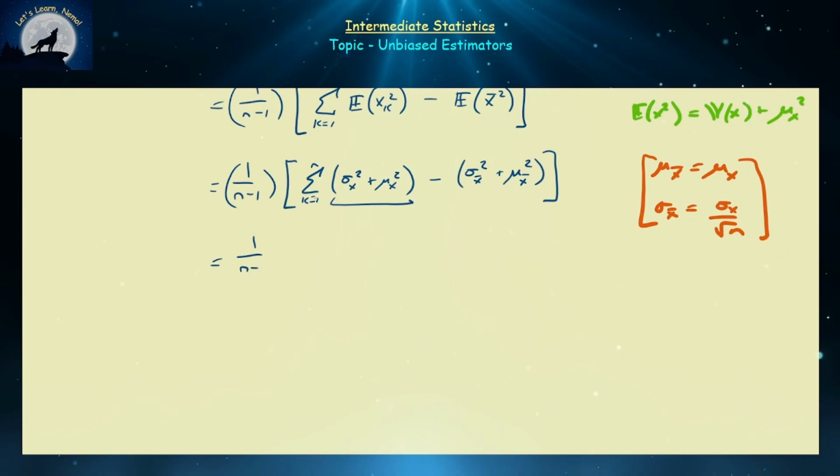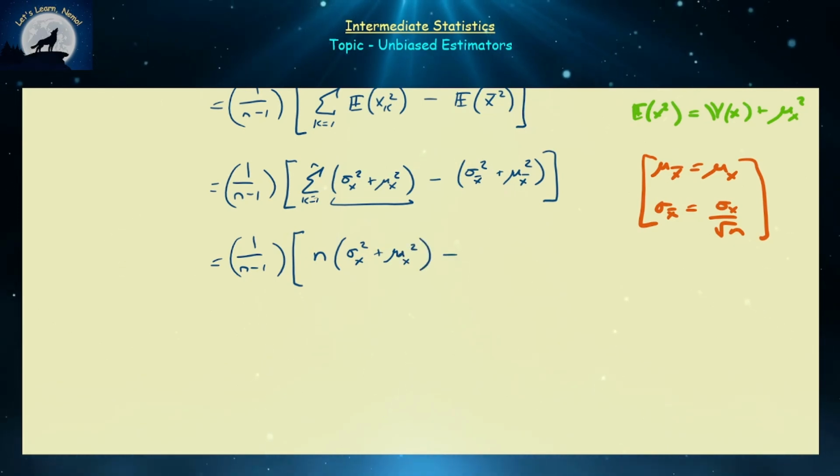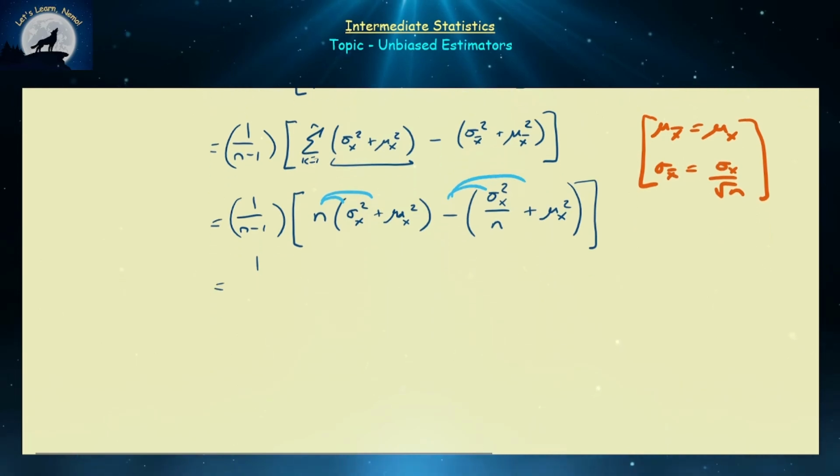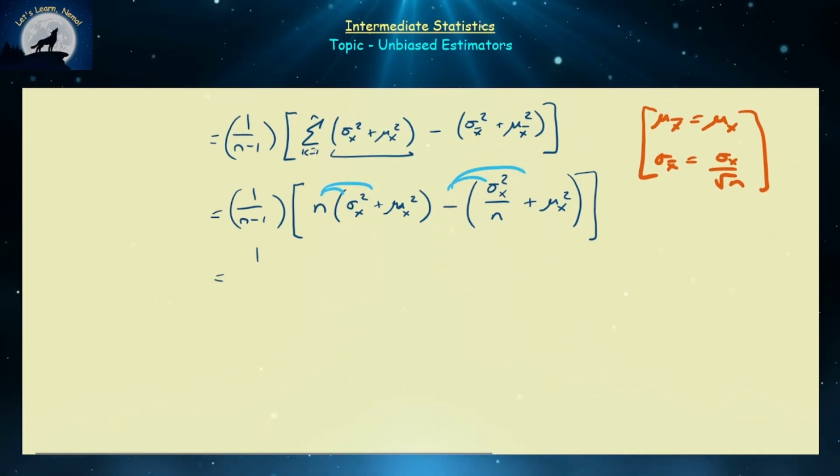So we're going to have 1 over n minus 1 times n times sigma x squared plus mu x squared. And then over here we're going to have minus n times sigma x squared all over n plus mu x squared. From here we can distribute our n and our subtraction, and let's see what we get in the end.